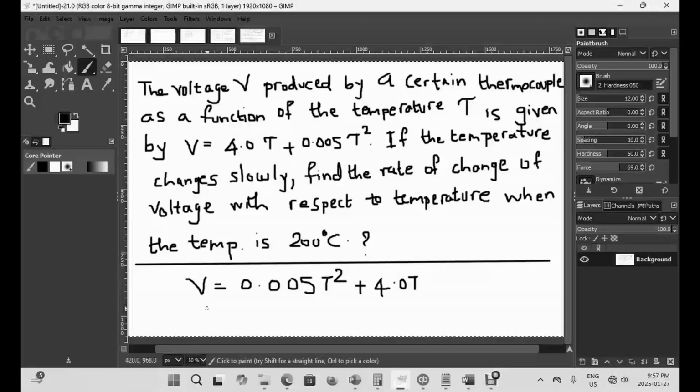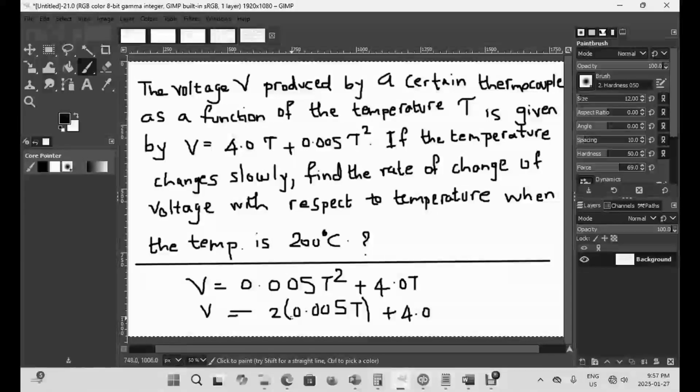Now, if you want to solve this equation, you will need to find the derivative. We know that the derivative is going to be 2 times 0.005T, plus 4 times T raised to 1 minus 1, which is basically 0.